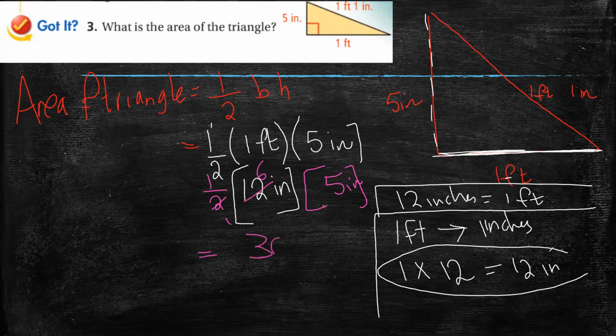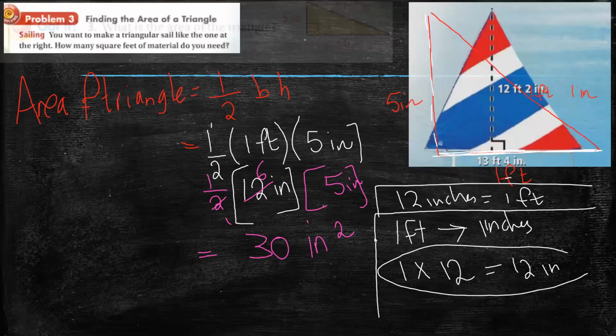That's equal to 30 inches squared. This is the area of the triangle. Is it clear? Yes. Okay.